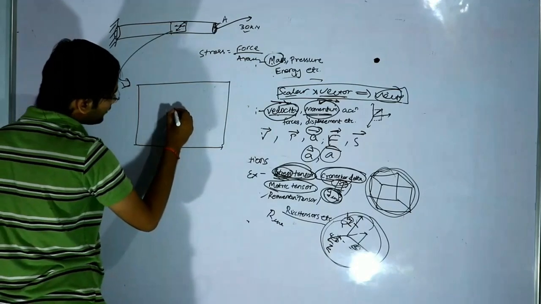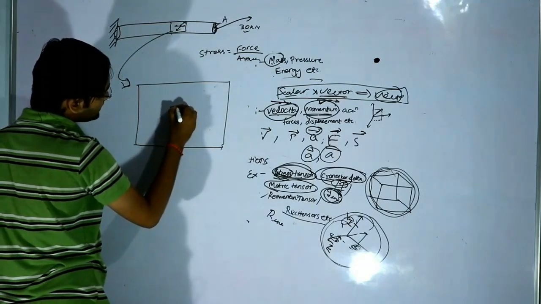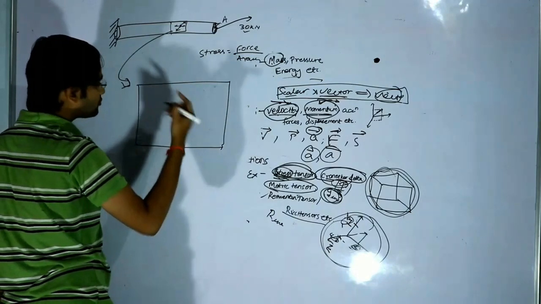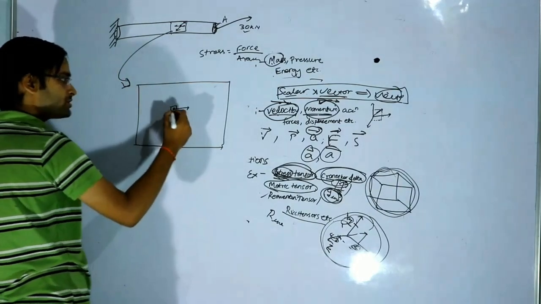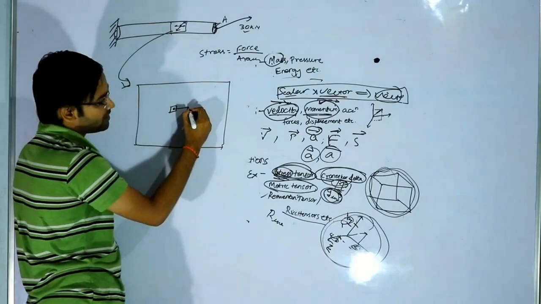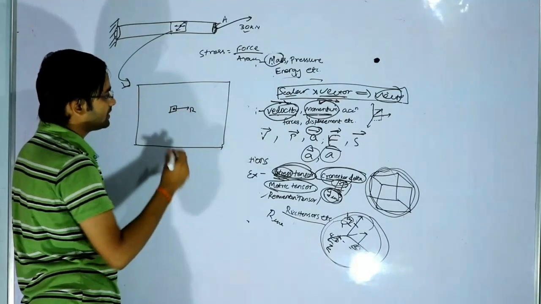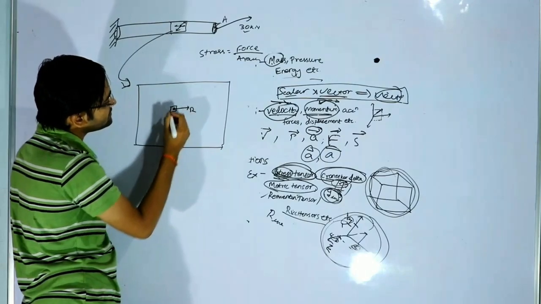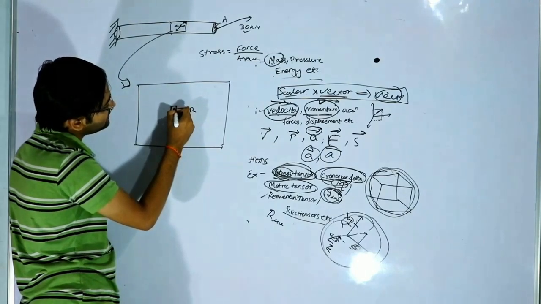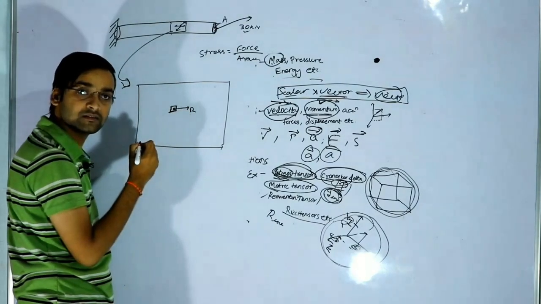So at this point I have to consider a little tiny plane, and a single line of force here, a net resultant force of magnitude, let it be R, and a little tiny area of cross section. Is it visible?